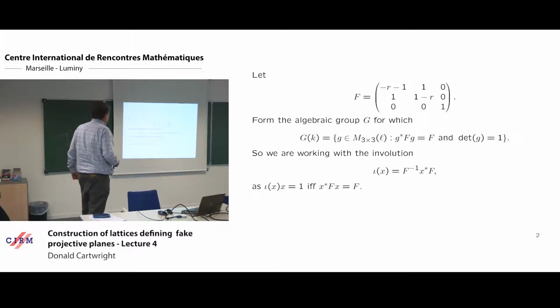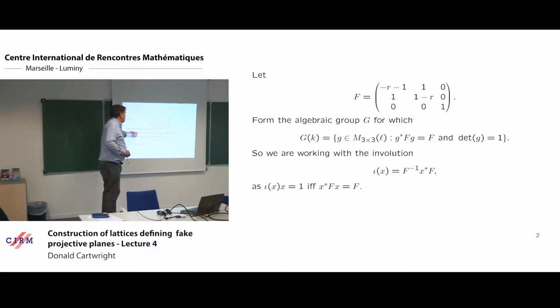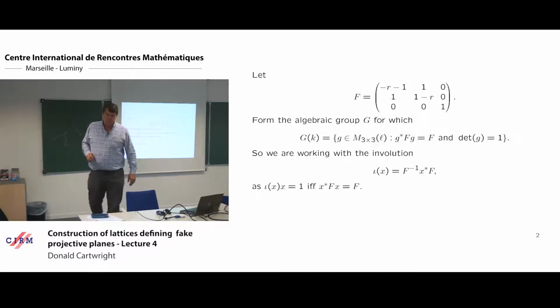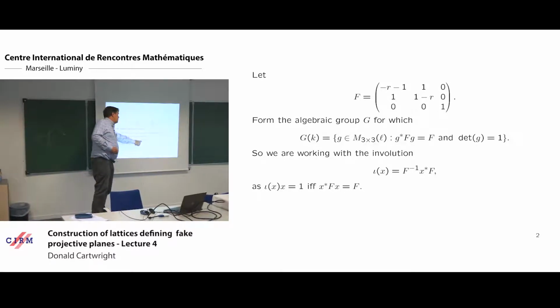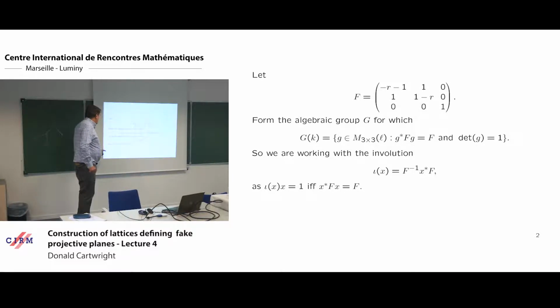And you form this group here, which is an example of what I was talking about last time. We're using the involution of the second kind iota, like this, and whereas the condition last time was written in terms of iota of the element times the element is 1, these are equivalent.